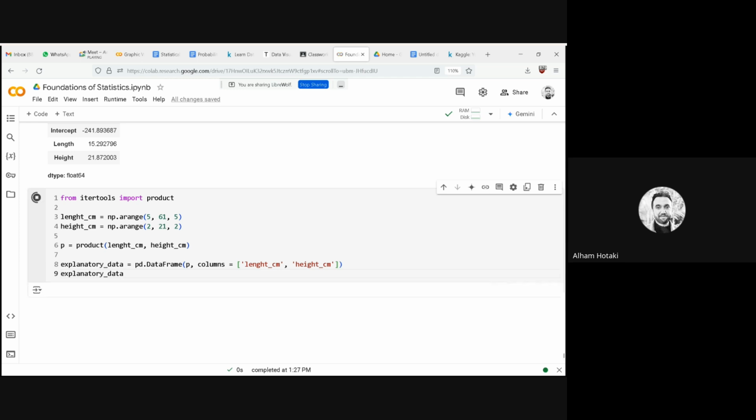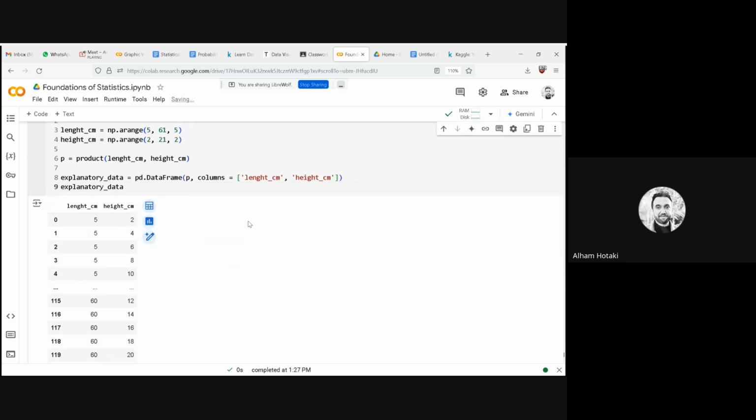If we run this, this is a data frame. The length and the height are there.